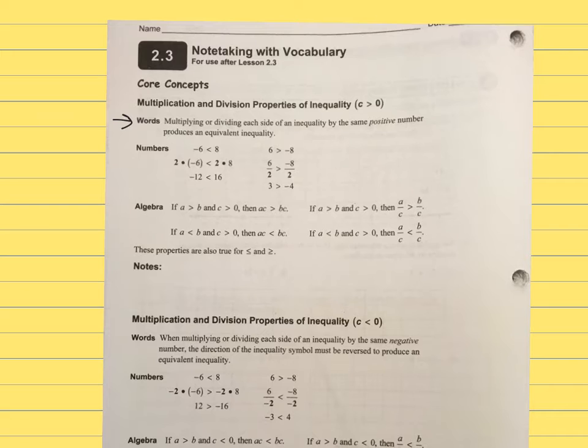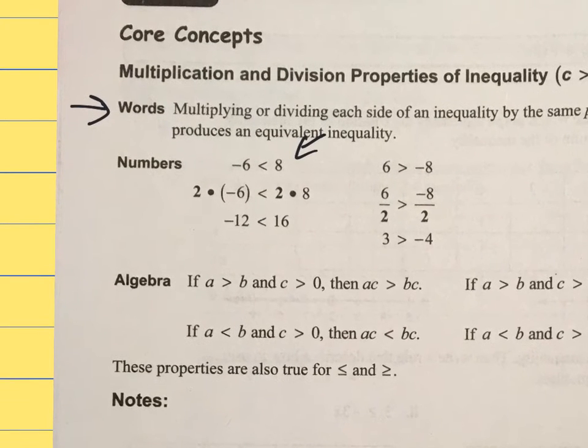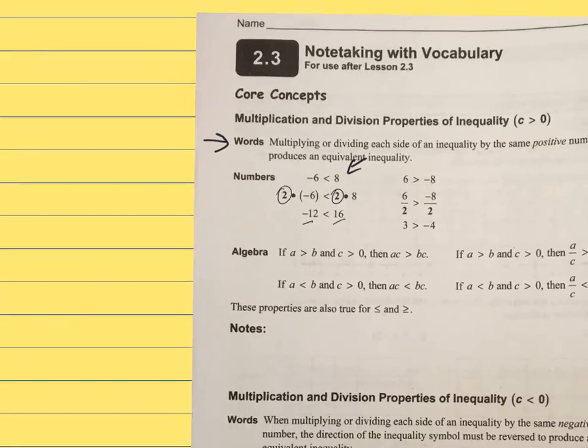So again, remember, in this case they have negative 6 is less than 8. We multiply both sides by 2, and we get negative 12 is less than positive 16, which is a true statement. So what this is telling us is that by multiplying by a positive number, we do not change an inequality.